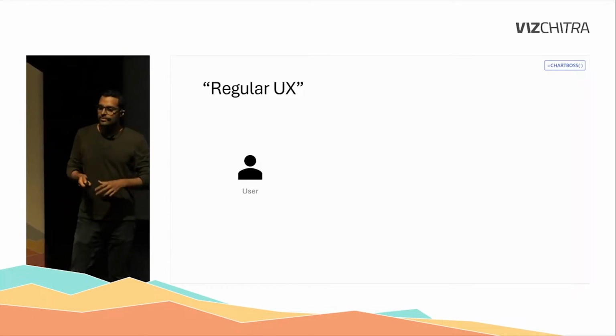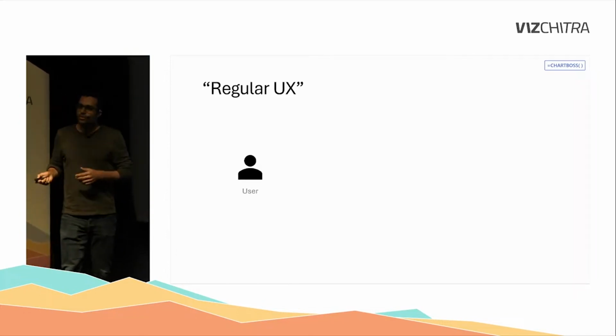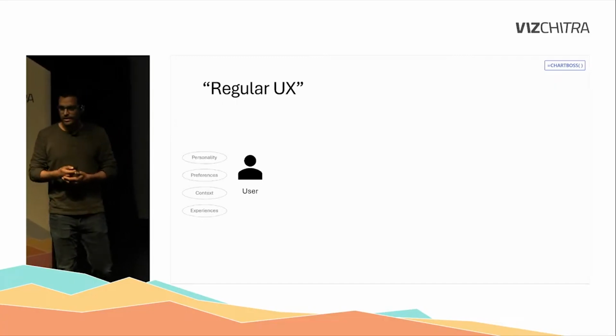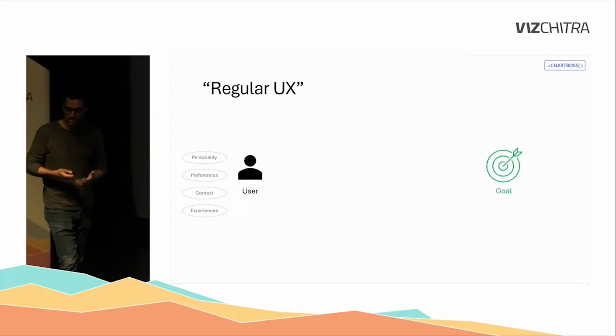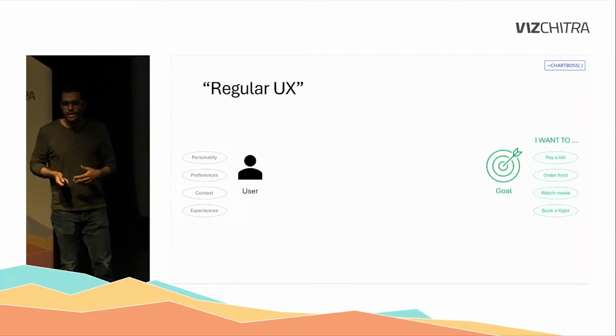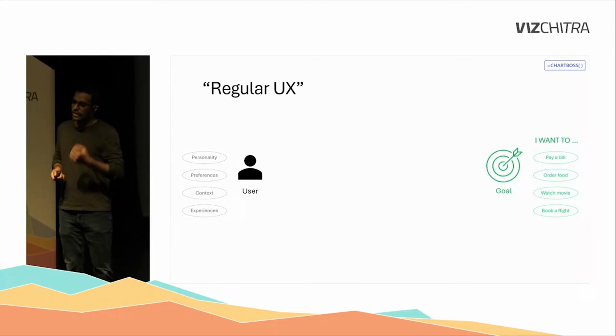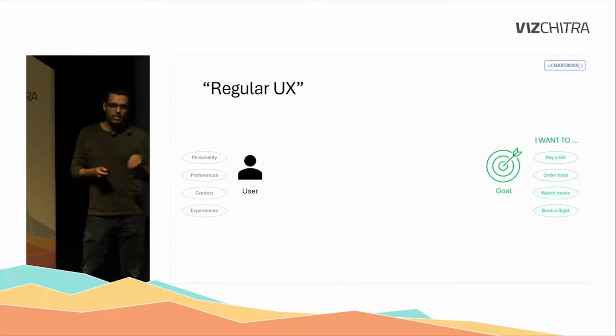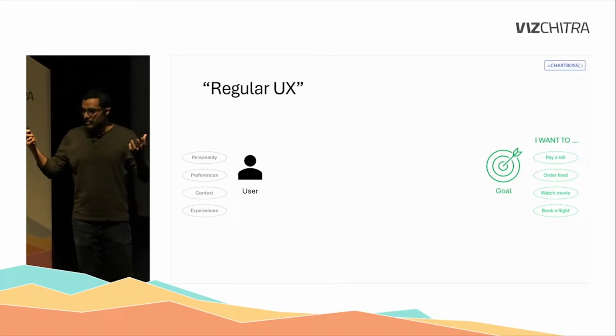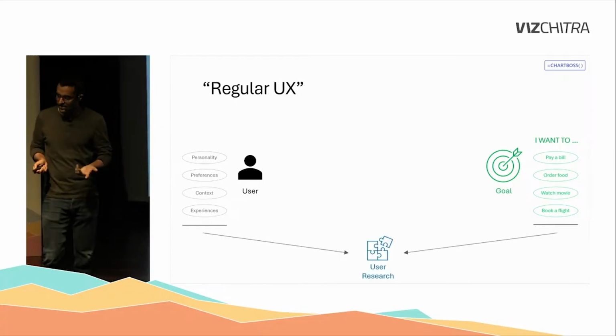So in our regular UX, we have this user, right? This user comes with their own personality and context and experiences, and they have goals, right? The goals could be something like, I want to pay a bill or watch a movie or order food. And this knowledge that we have about the user and about their goals constitutes our user research, right?